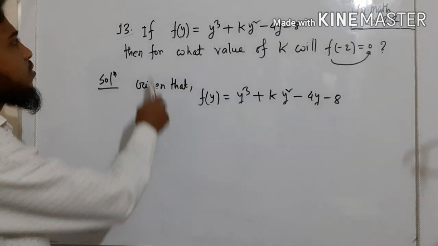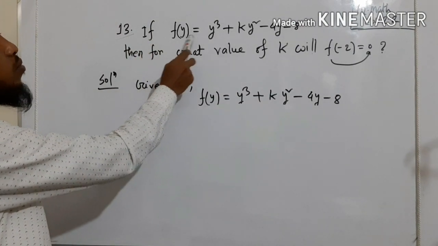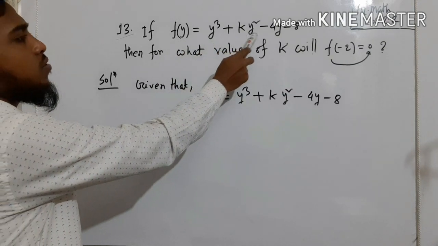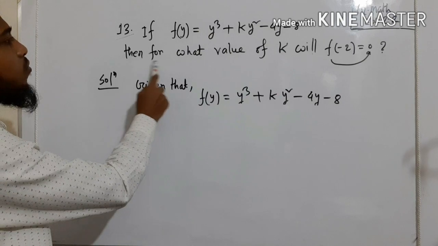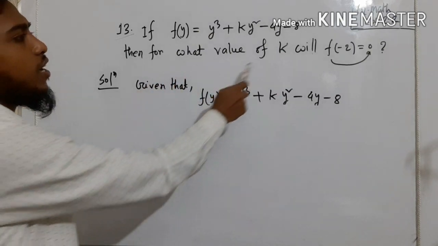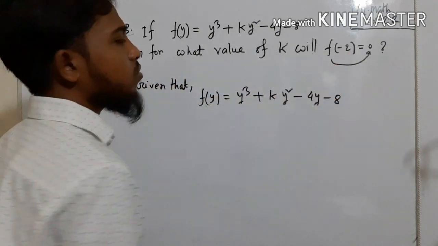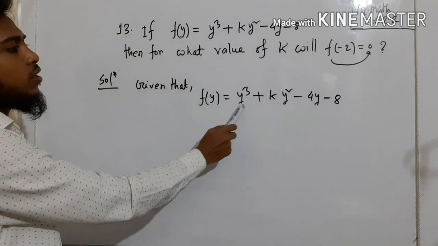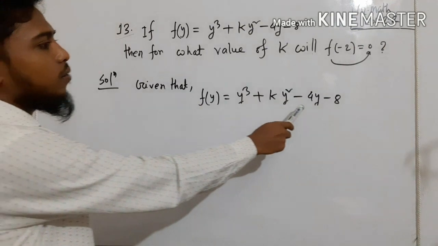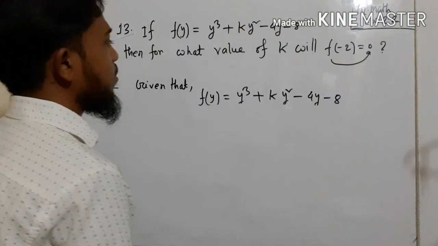My dear student, this is problem 13. If f of y equals y cube plus k y square minus 4y minus 8, then for what value of k will f of minus 2 equal 0? Given that f of y equals y cube plus k y square minus 4y minus 8.